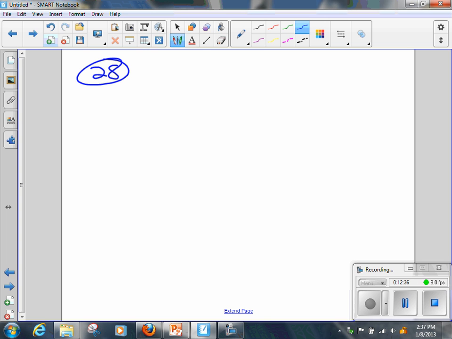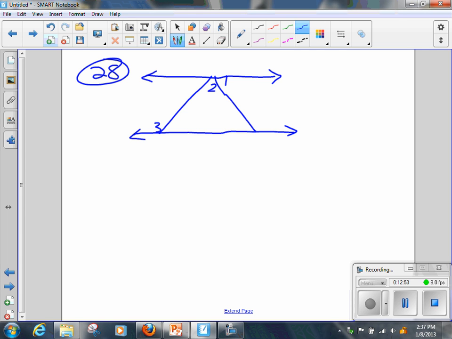28, last one. Yeah, that's what I want. We've got 2 parallel lines, and we have a triangle in there. Folks, I promise you will see this on the SOL. Write this down. 1, 2, 3, 58 degrees.